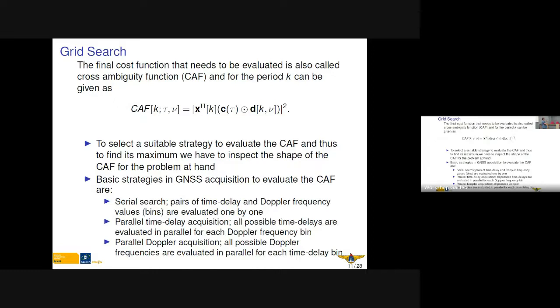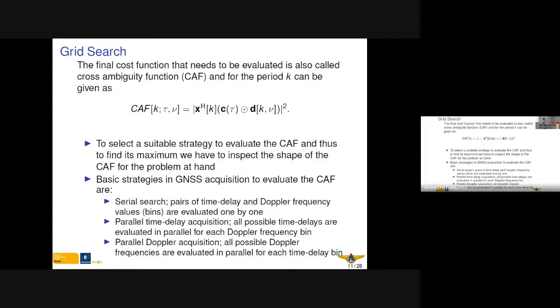To select a suitable strategy to evaluate the CAF and thus to find its maximum, we have to inspect the shape of the CAF for the problem at hand. So this is very important. We need to understand the condition of our problem. Basic strategies in GNSS acquisition to evaluate the CAF are, for example, serial search.